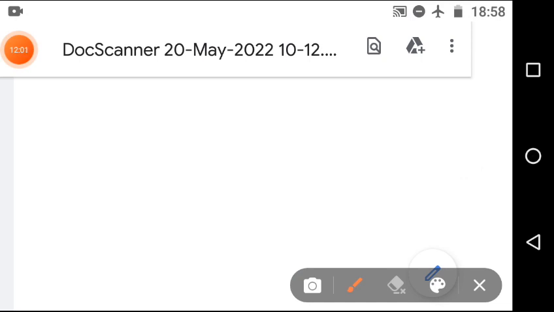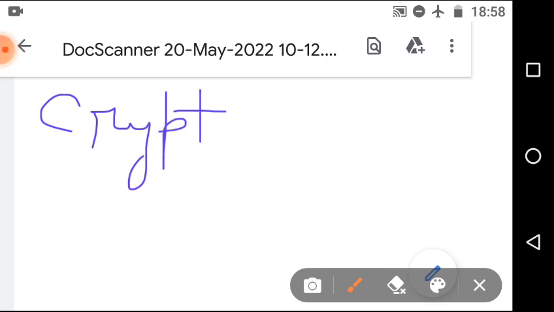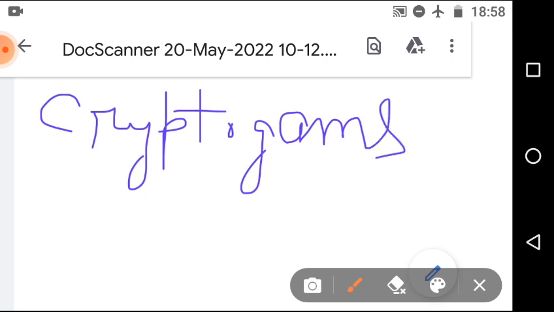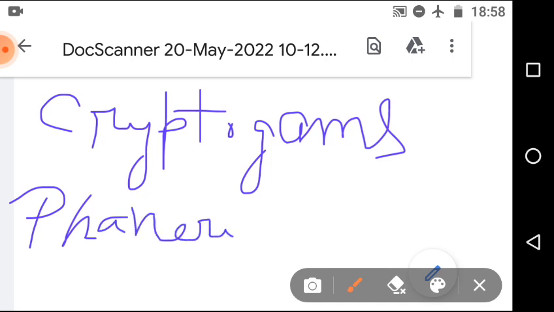So there are two modes: one is called cryptogams, C-R-Y-P-T-O-G-A-M-S, and another one is called phanerogams, as written in this book.